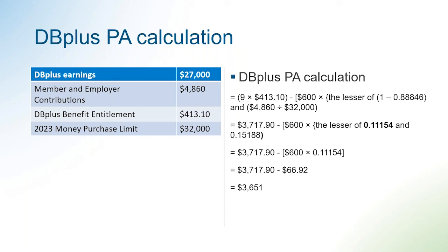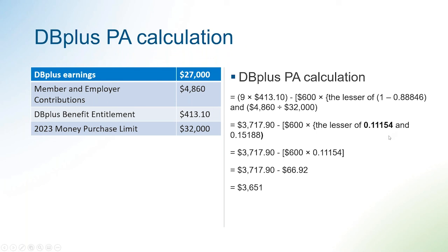The DB Plus PA calculation will follow the new formula. The PA offset of $600 will be prorated by multiplying the lesser of 1 less DB Prime pensionable service and member and employer DB Plus contributions divided by the money purchase limit for that year. 1 less the pensionable service of 0.88846 is 0.11154.